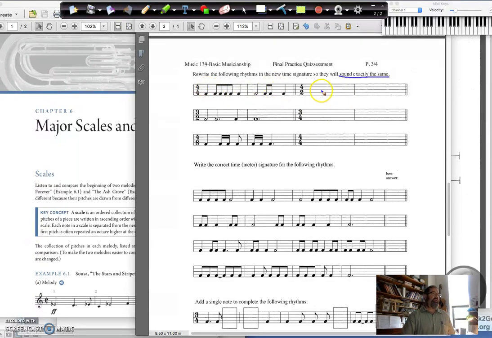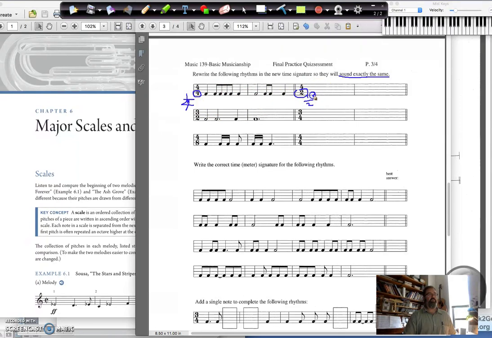But to look at them on the page, now expressed not in 4/4 but in 4/2, is just going to be a matter of taking every quarter note, which is the unit of the beat in 4/4, and moving it over to a half note. See, so although every quarter note equals a half note, the formula really is double the value of every note.